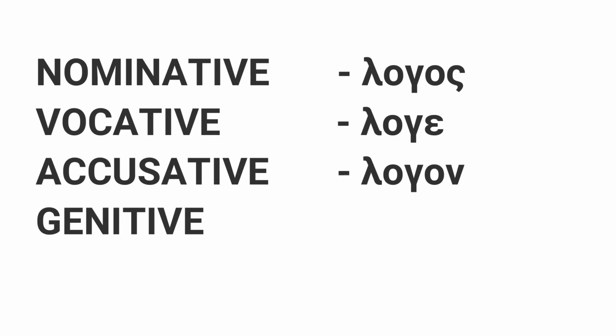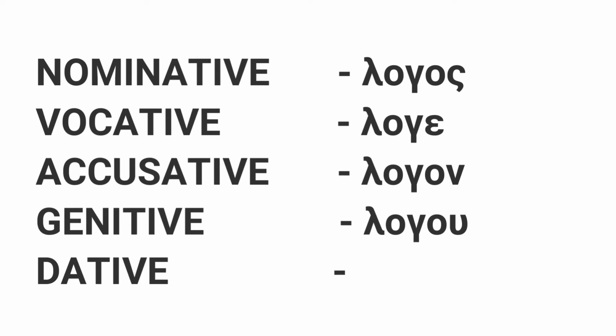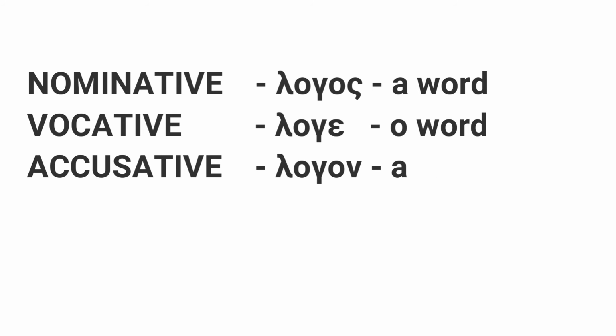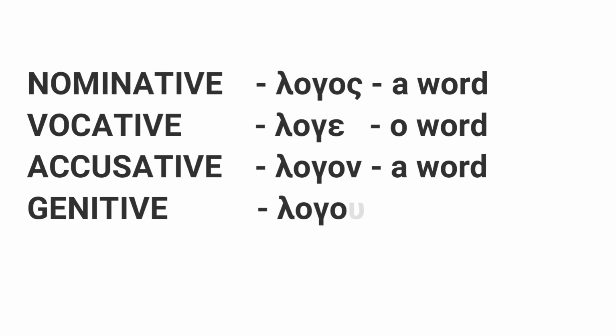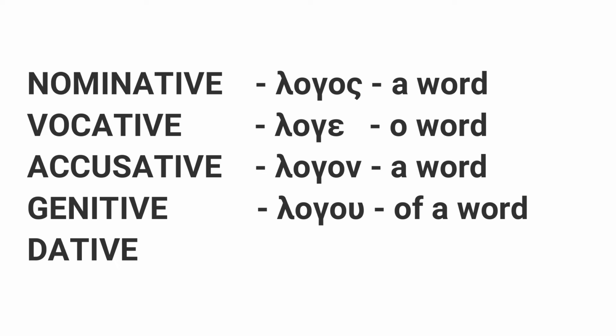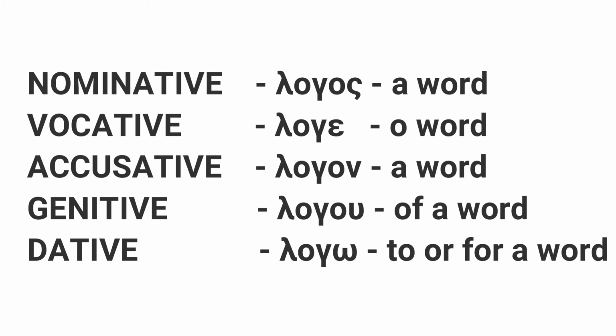Then loge, accusative is logon, then genitive logou, dative logo. So we have to learn by heart this: logos, a word; loge, O word; logon, a word. This is the object. Logou, of a word, and logo, to or for a word.